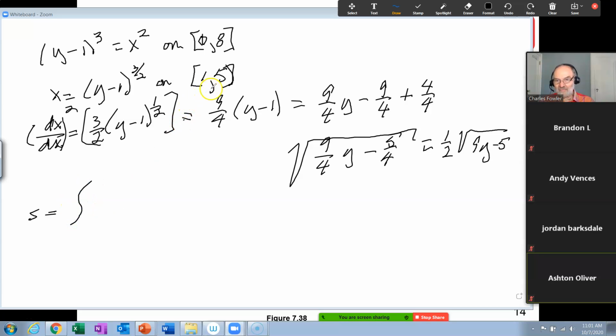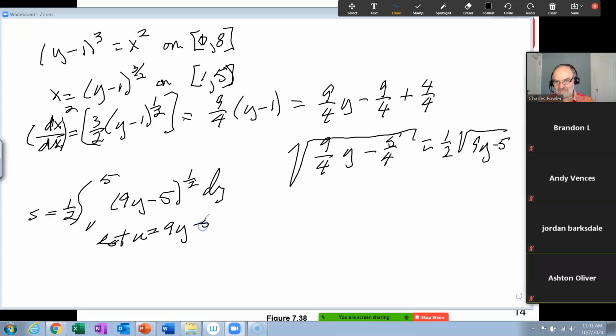The integral now for the y's is going to be from 1 to 5 of, let's take the 1/2 on the outside, and this will be 9y minus 5 to the 1/2 power dy. Okay? I think this is doable. Let u substitution here equal 9y minus 5.